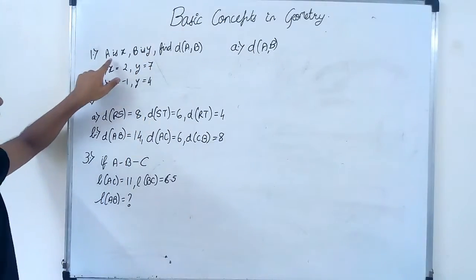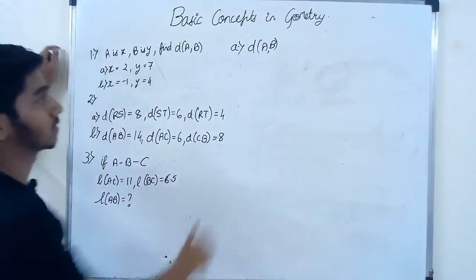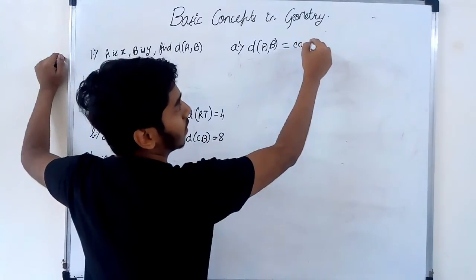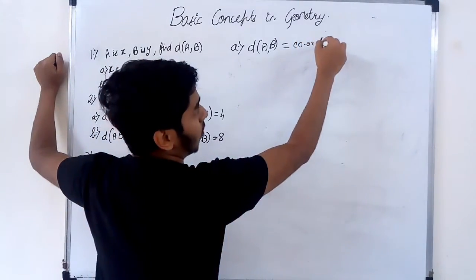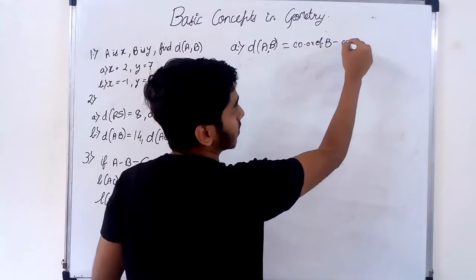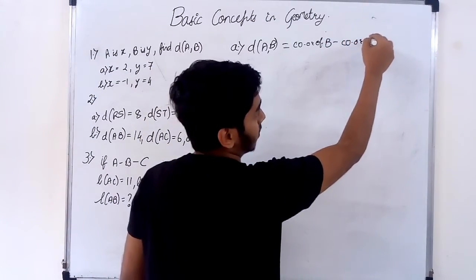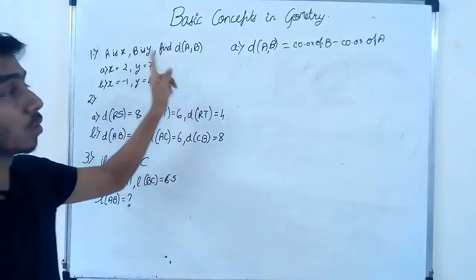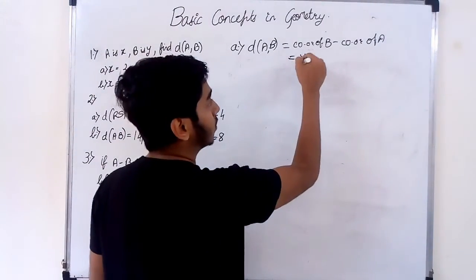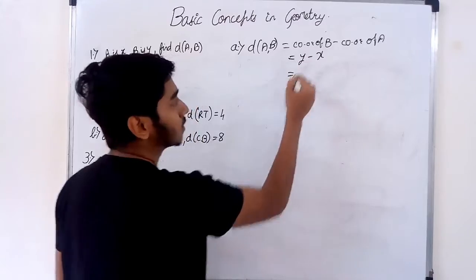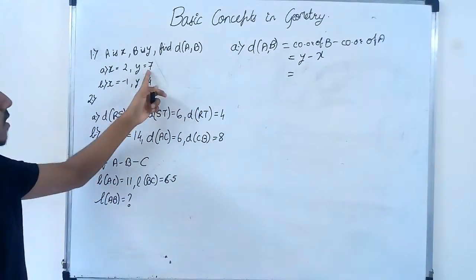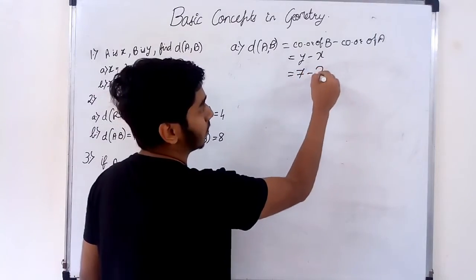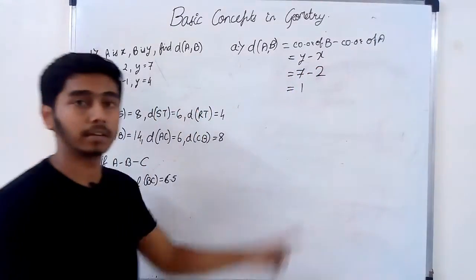Y, and A is X. So we can say coordinate of B minus coordinate of A, but coordinate of B is what? Y. So it will be Y minus X. Therefore, Y is 7 and X is 2. So it will be 7 minus 2, which is 5.